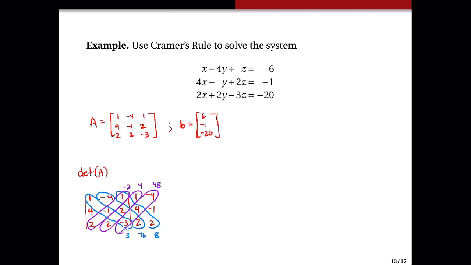So the determinant of A is 3 minus 16 plus 8, minus the quantity -2 plus 4 plus 48. If we simplify this, we have negative 5 minus 50, so this is equal to negative 55.